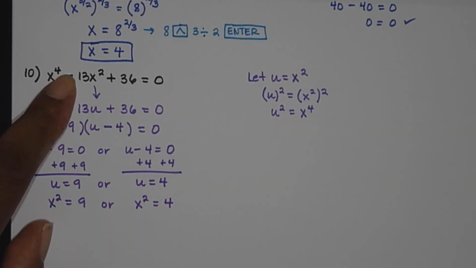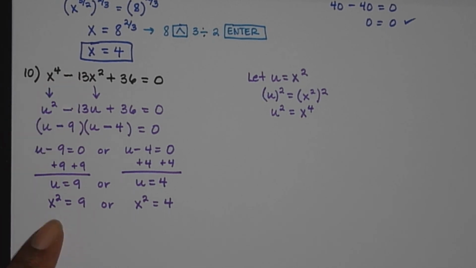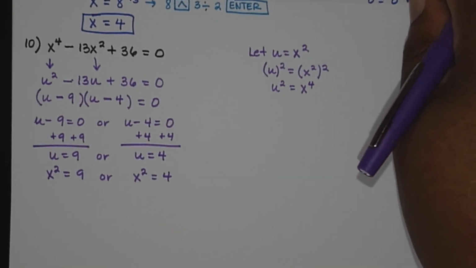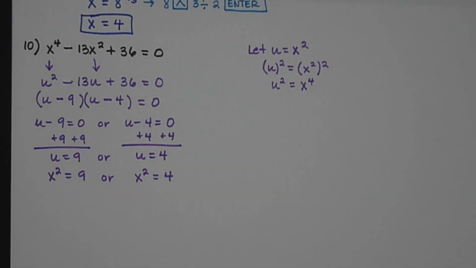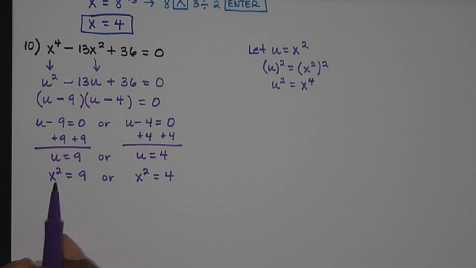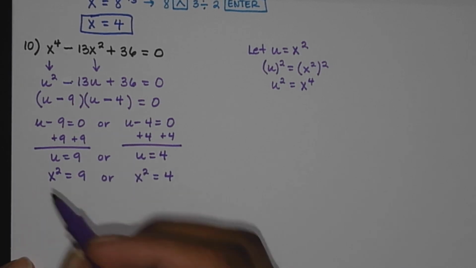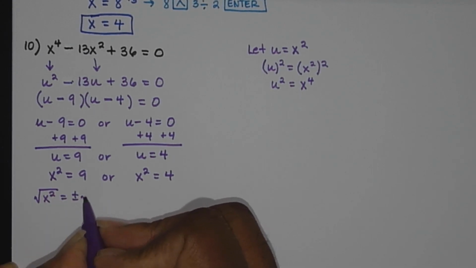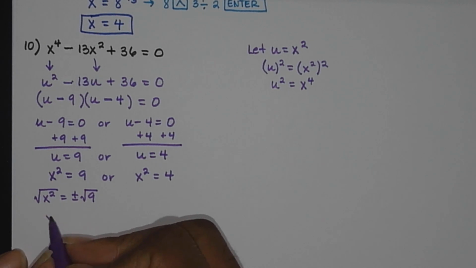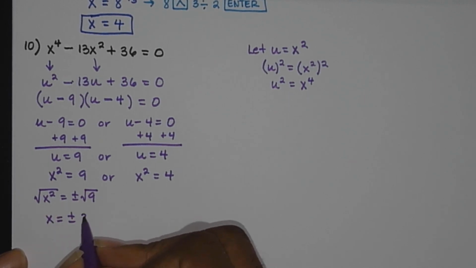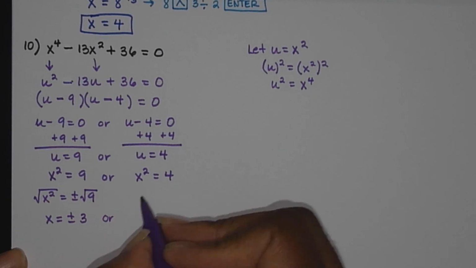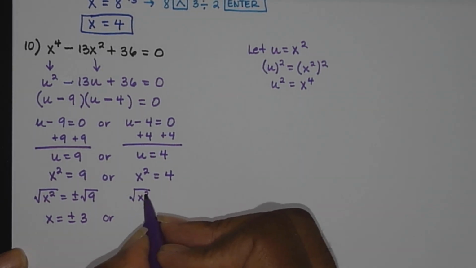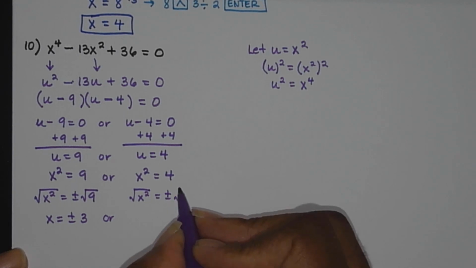Okay. That's why this had to be a minus sign here, because I was going to get x squared equal negative 9 and x squared equal negative 4. Okay, so since x squared equals 9, I'm going to solve for x by taking the square root on both sides. Include the plus or minus symbol. That means x is equal to plus or minus 3. Or, I'm still going to take the square root on both sides on that x squared is equal to 4.